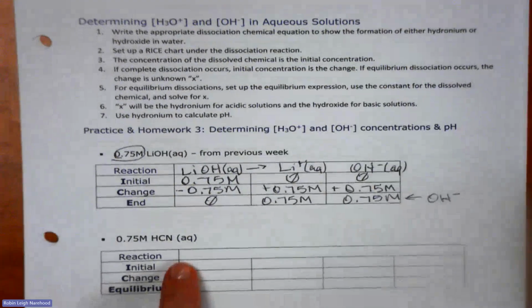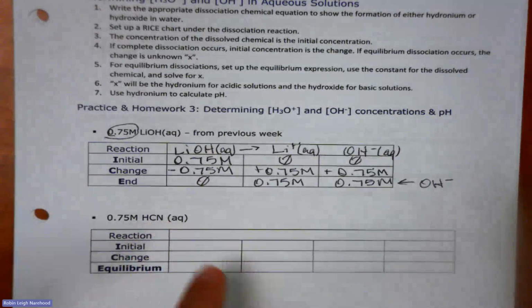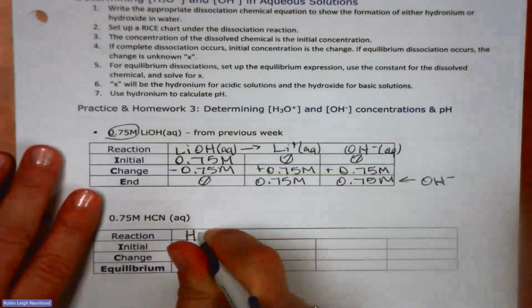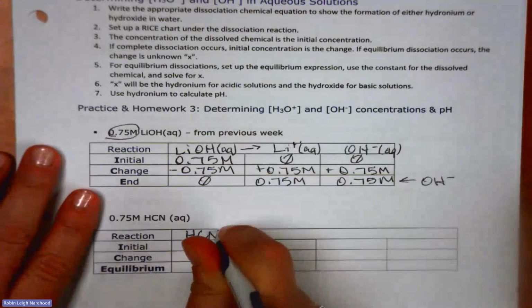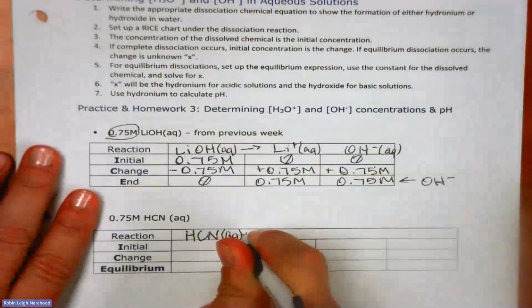Here's our next example, HCN. Our formula that is going to dissociate is HCN. This is one of the ones from the previous week.